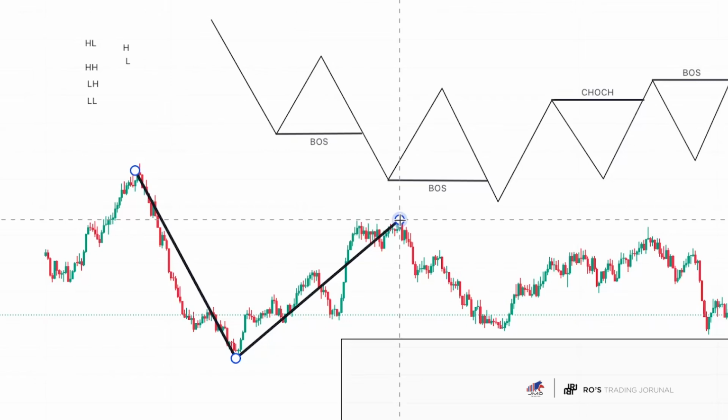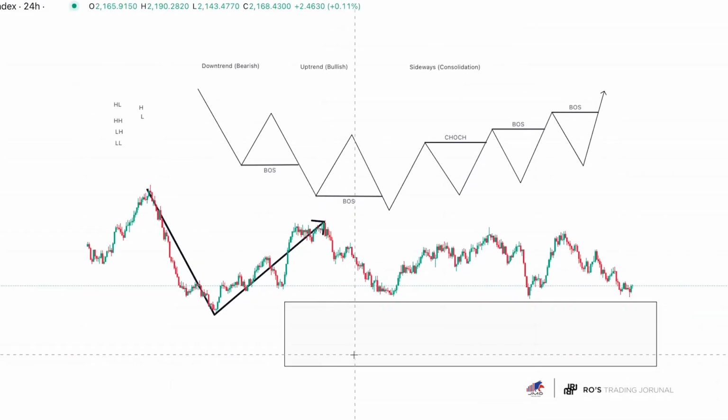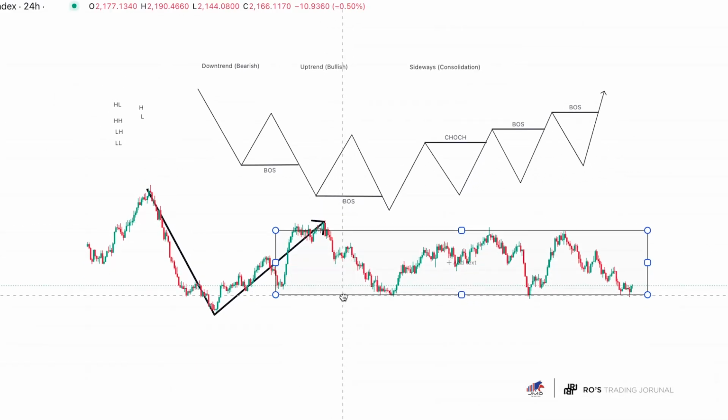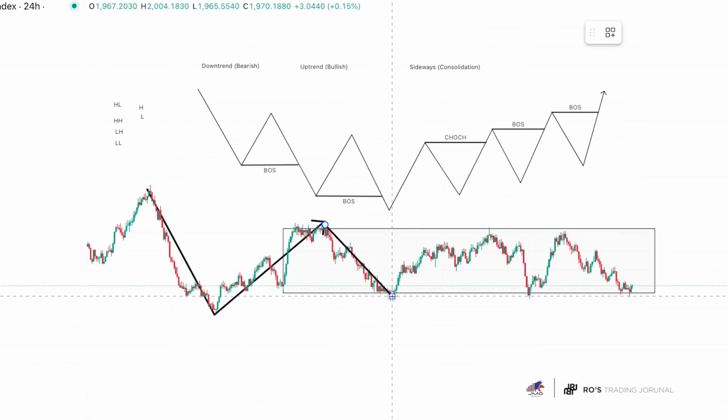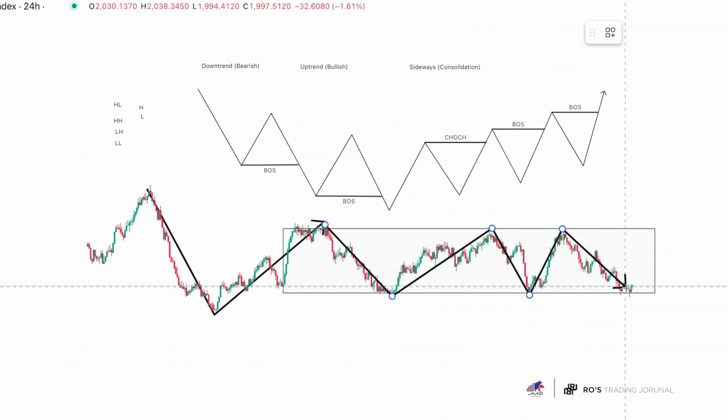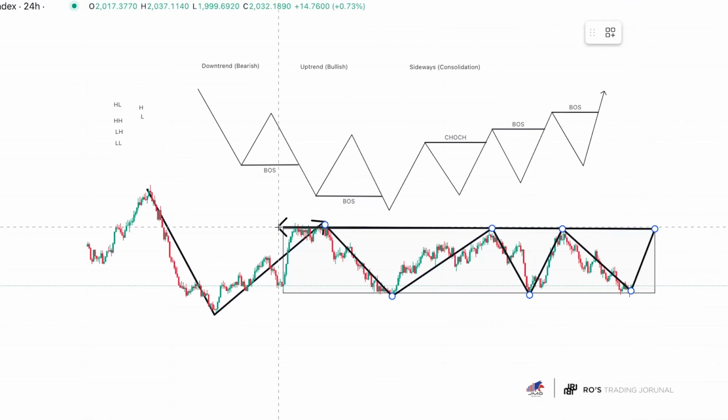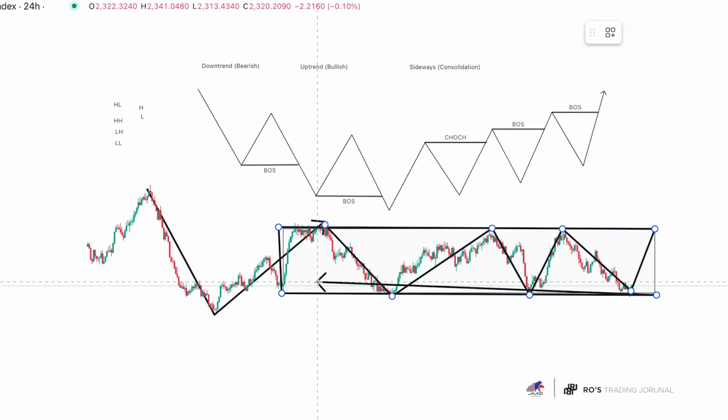And then you have the market moving sideways, which is called consolidation. So this is an example of the market moving sideways. The market just goes down, up, downwards, upwards, downwards, basically moving sideways within a box.